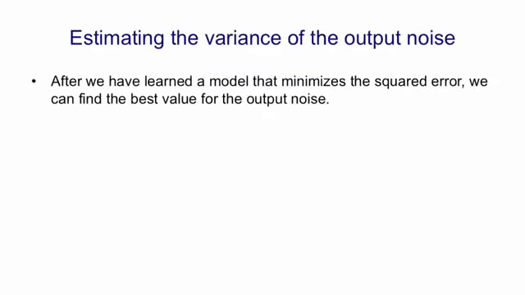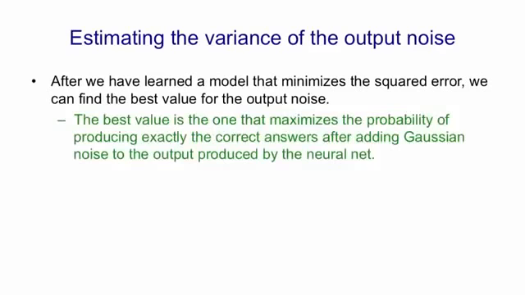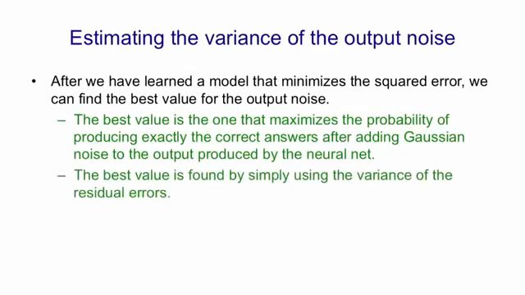I'm now going to describe a simple and practical method developed by David MacKay for making use of the fact that we can interpret weight penalties as the ratio of two variances. After we've learned a model to minimize squared error, we can find the best value for the output variance by simply using the variance of the residual errors.